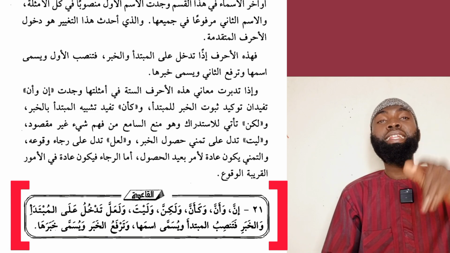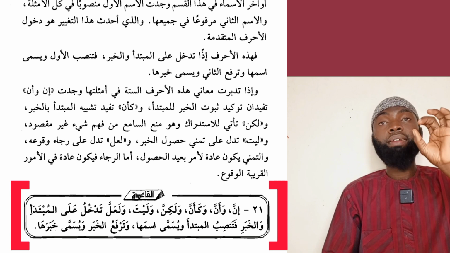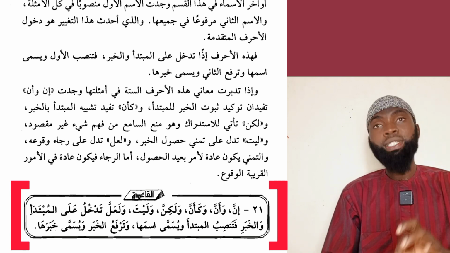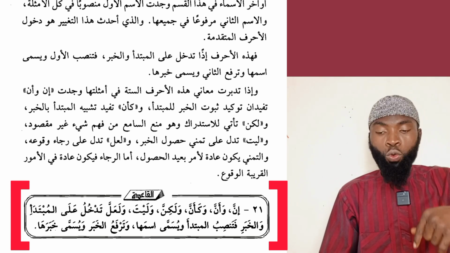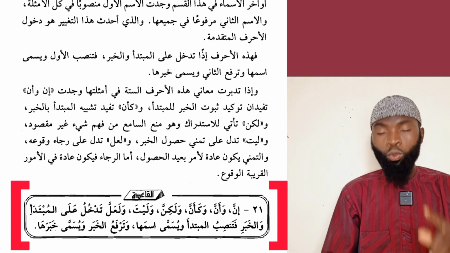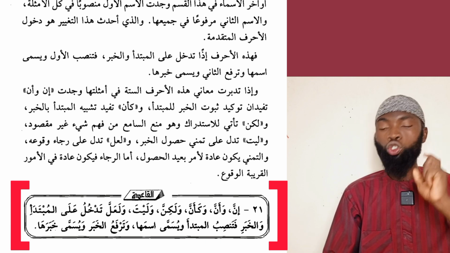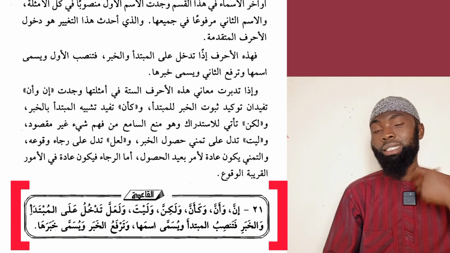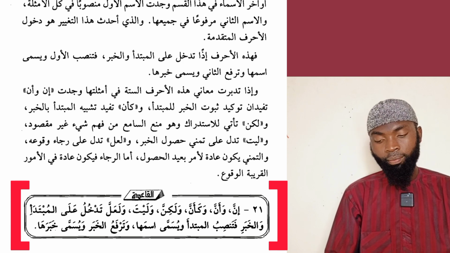Then it will put the mubtada, the subject noun, the first noun, into carrying fatha, and this mubtada will now be called the ismu of that particular particle. وَتَرْفَعُ الْخَبَرِ, and it will put the khabar into carrying dhamma, and that khabar will now be called the khabar of the particle.